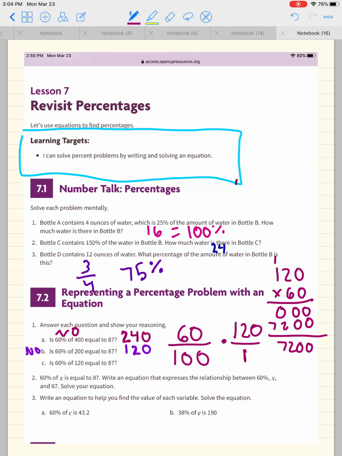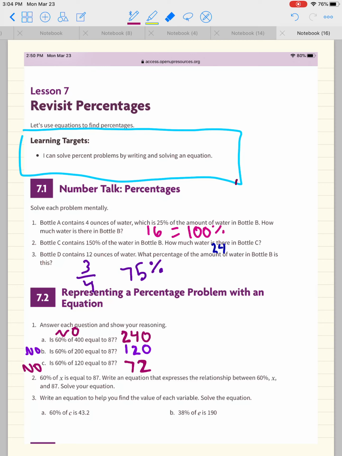We have 7,200 over 100. Can cross these out. We're left with 72 over 1, or 72. So although it could have been close based off of our reasoning, it is not true. 60% of 120 is equal to 72. So good thing we did the math.